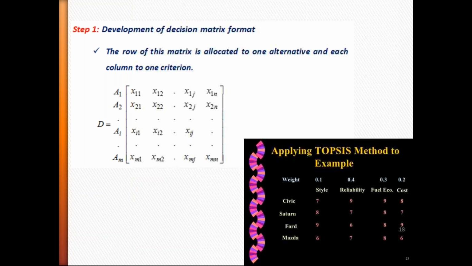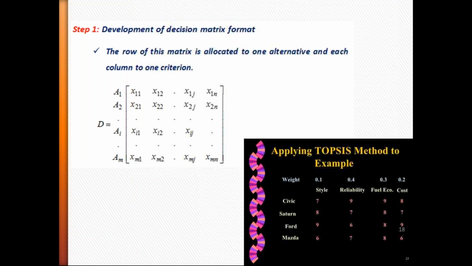Now for these criteria values, the first column is for criteria C1, the second column criteria C2, then criteria Cj, and at the last criteria Cn. So we have a total of n number of criteria. Our objective is to solve a decision making problem consisting of a total of m alternatives, and each alternative is evaluated by a total of n criteria C1, C2, C3 up to Cn.